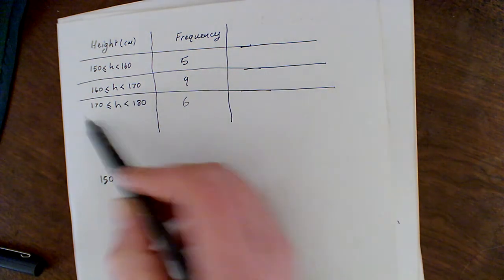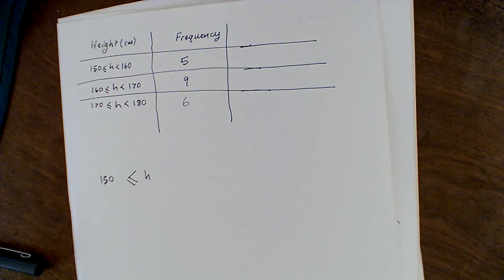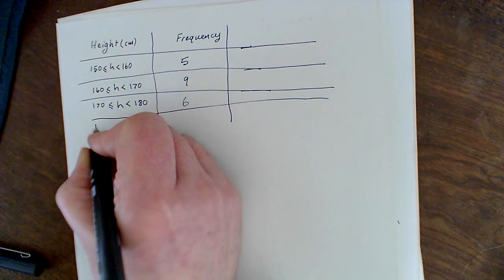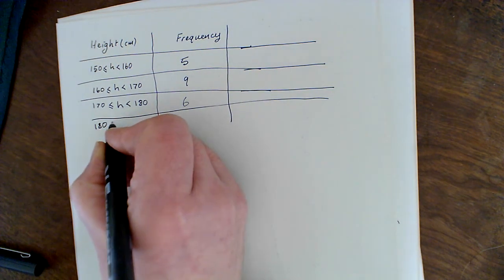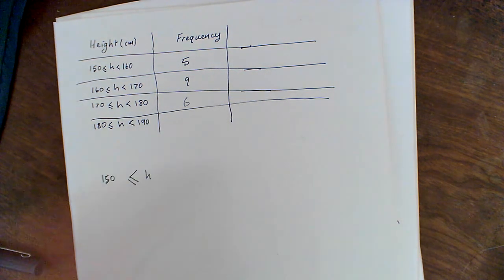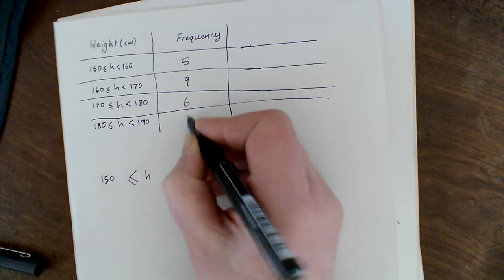And 6 people in this range. And if you're 180 centimetres exactly, you have nowhere to go in that table. So if you have one person who is 180 centimetres tall, you would have to make another row for them. There they are.